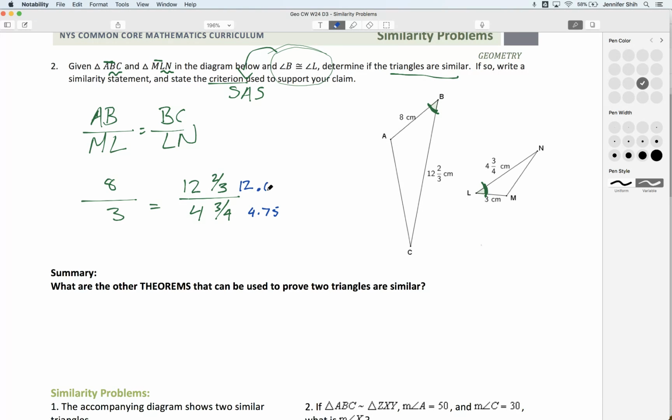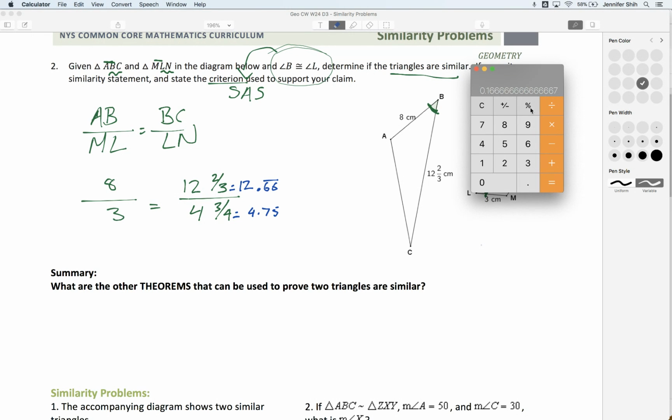So 12.6 forever. So let's see what this ratio is. I just converted the mixed numbers into decimals. The awesome thing that you can do is convert both of these mixed numbers to improper fractions and then do some fraction division to see if it is equal to 8/3. That would be the super most awesome way to do it.